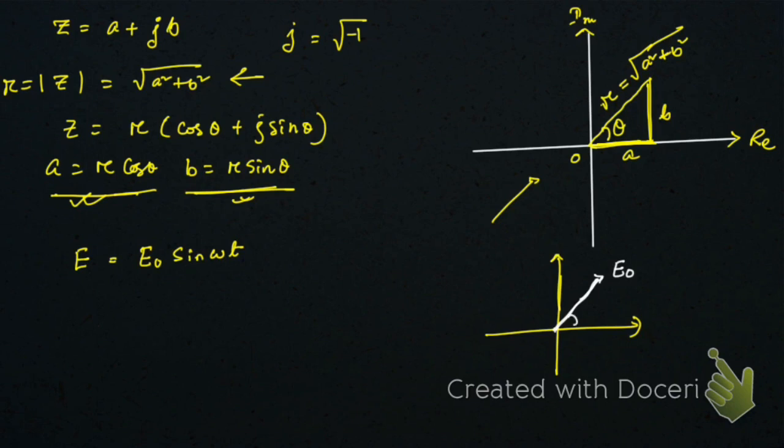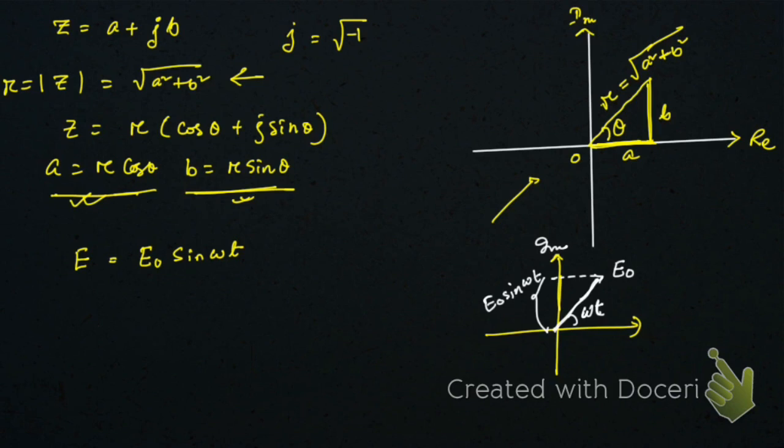If you take phase 0, then at time t this will be the angle omega t. If you take this one as the imaginary axis, this component is E naught sin omega t.